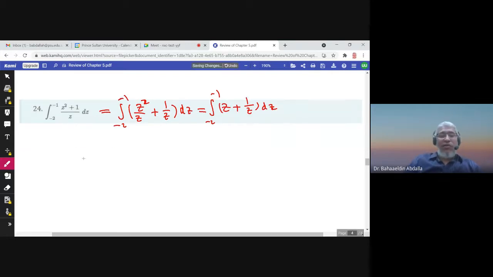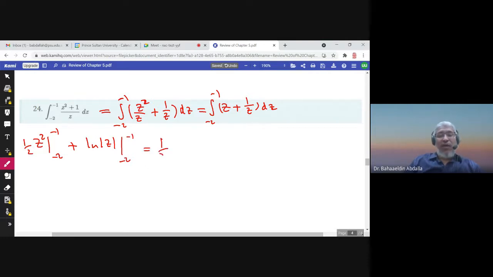And the integral of z is z squared over 2 from -2 to -1. And the integral of 1 over z is ln absolute value of z from -2 to -1.